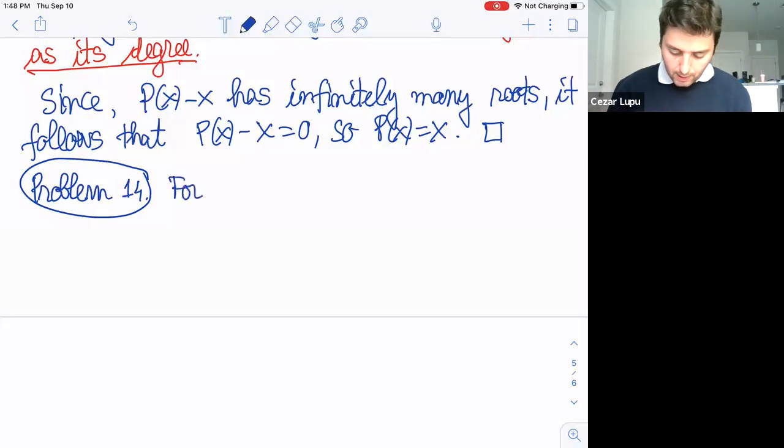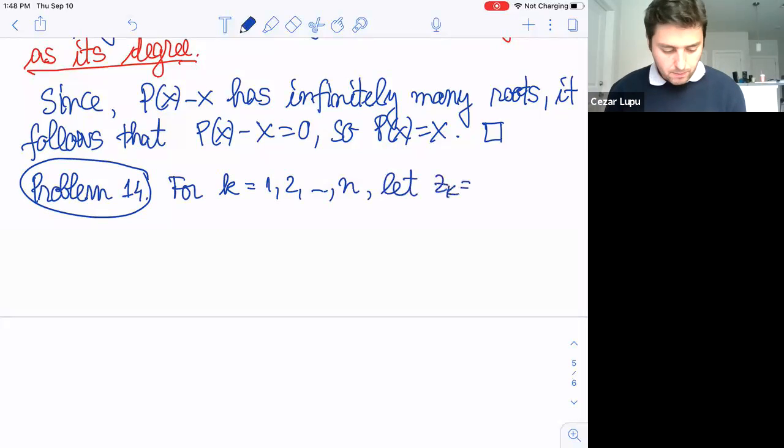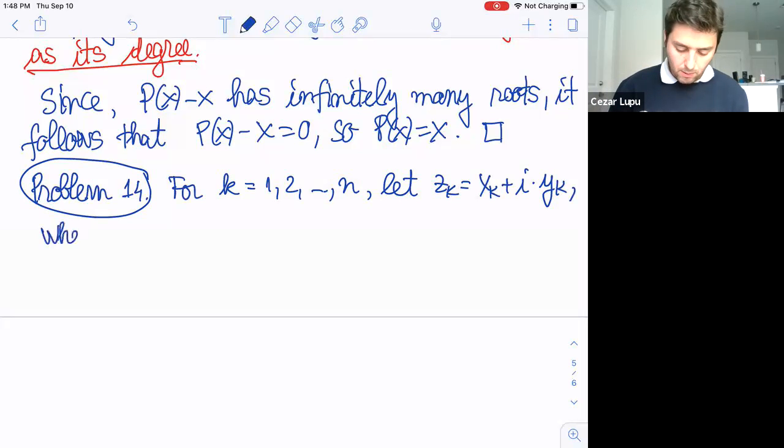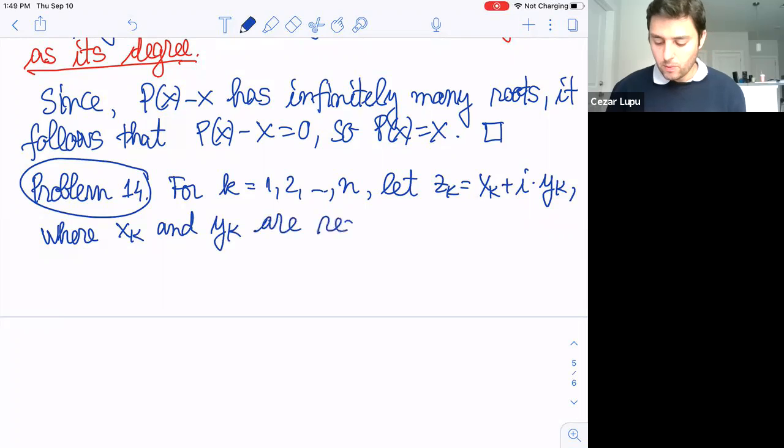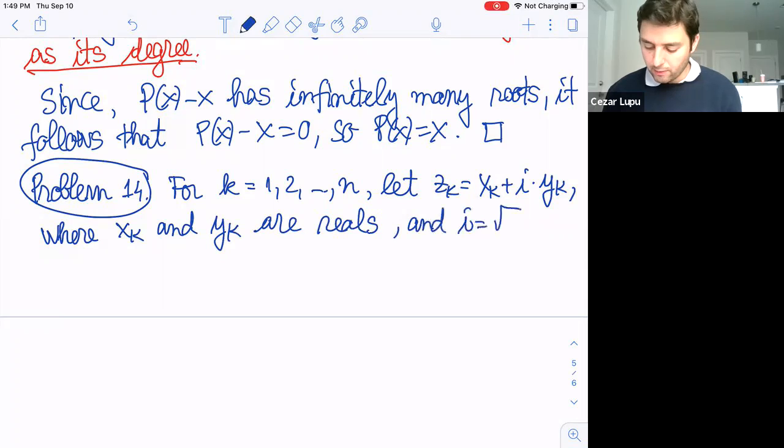For k from 1 to n, let z_k be x_k plus i y_k, where x_k and y_k are real. Well, we have a bunch of complex numbers here. And of course, i is the square root of -1, the imaginary number.